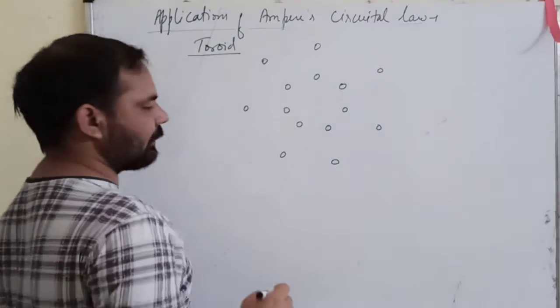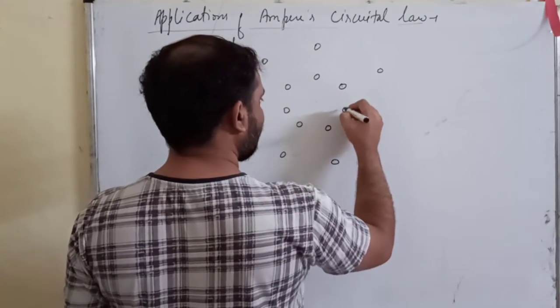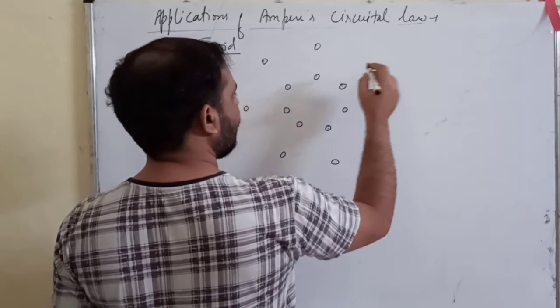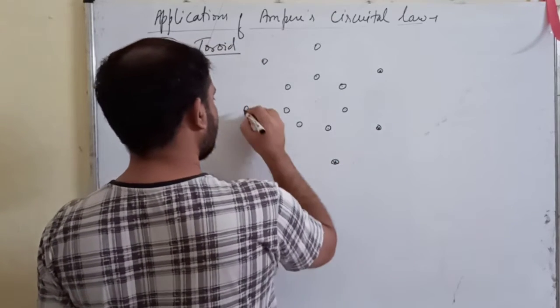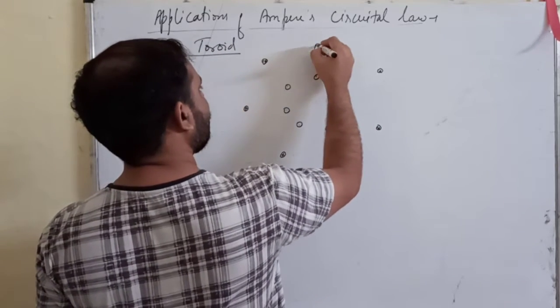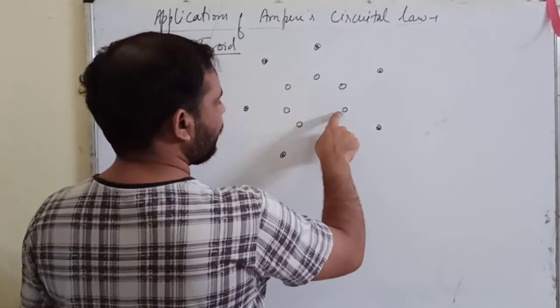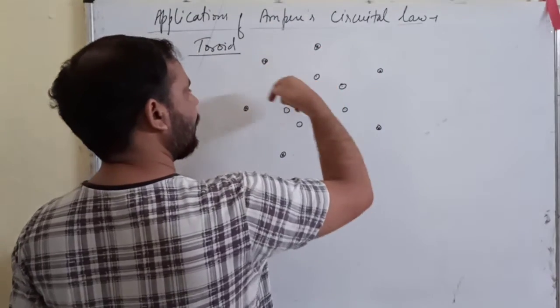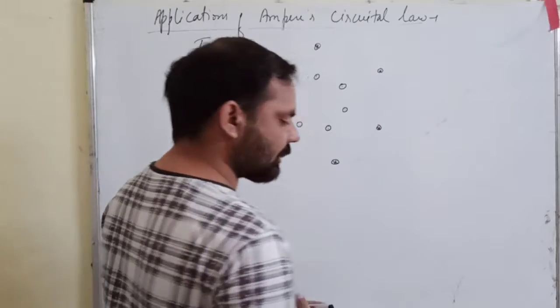Let us suppose that we have a toroid. Here we have the dots, which means the current is coming out, and these are the points where the current is going in. The current is coming this way, going, and then coming, going, like this, it is moving like this. So this is our toroid.